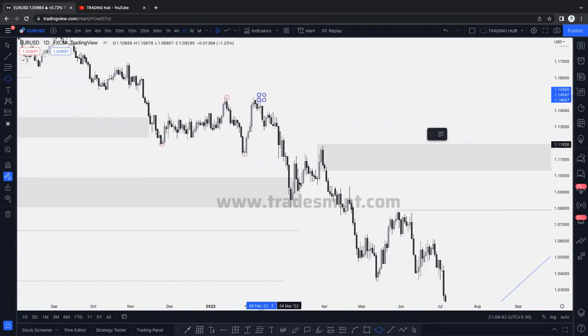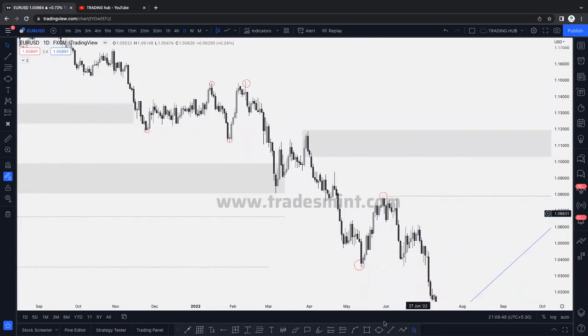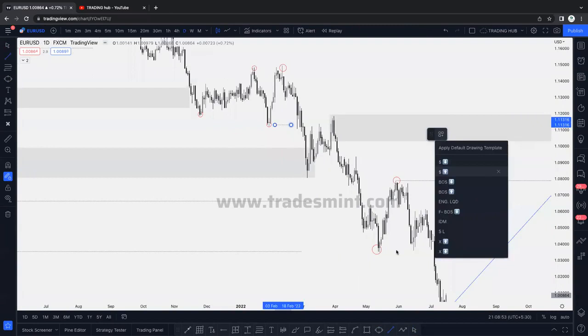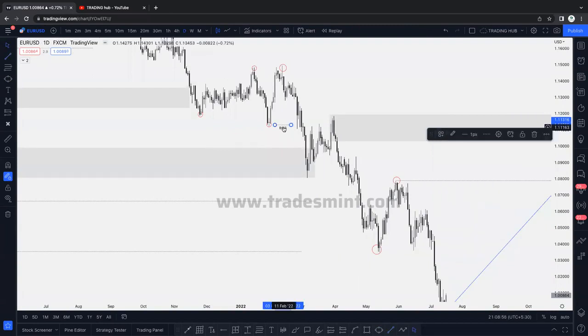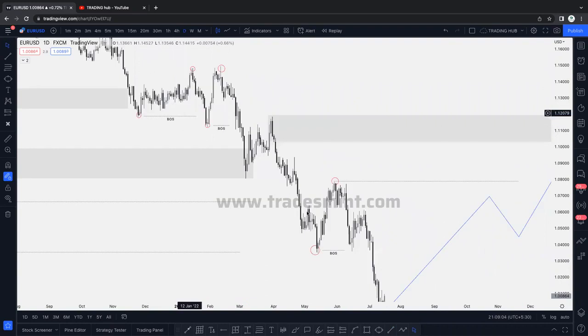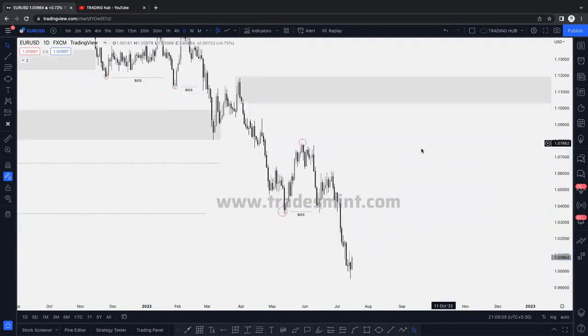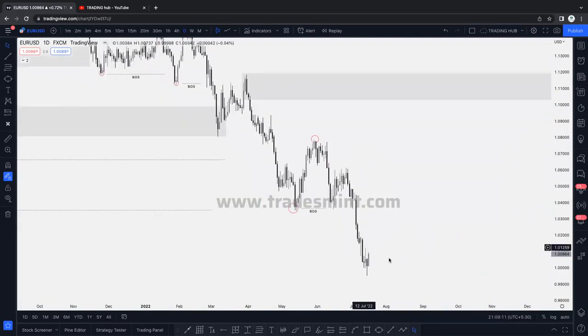In this zone, there is nothing here. Correct. And this is our structure. Okay, so this is our daily structure in EUR/USD right now, and it is still bearish.